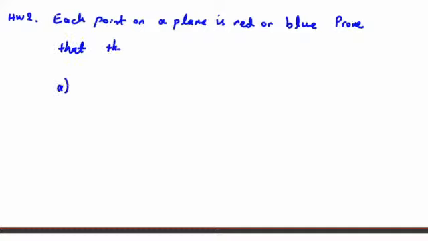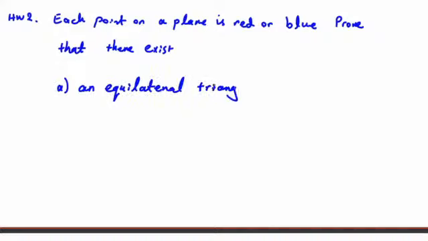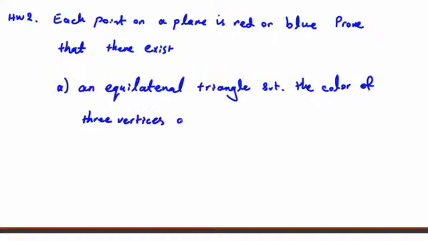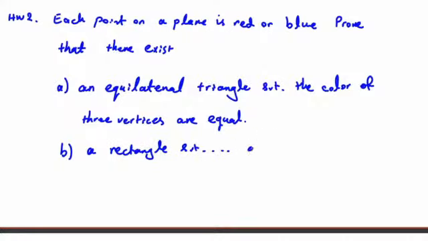Part A: there exists an equilateral triangle such that the colors of the three vertices are equal. For example, part B: a rectangle such that again the color of all vertices is equal.